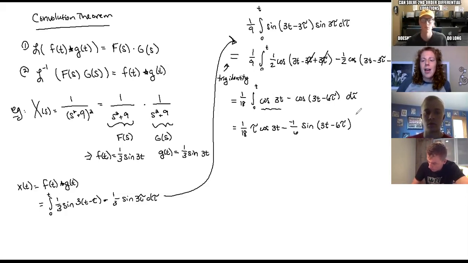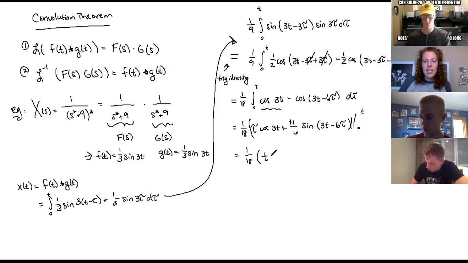Okay, we need to evaluate from 0 to t. We have 2 negatives that we can make into a positive. So here we go. 1/18, oh, that 1/18 should be in parentheses, sorry. 1/18 all the way out in front. Here we go: t cosine 3t plus 1/6 sine of 3t minus 6t.